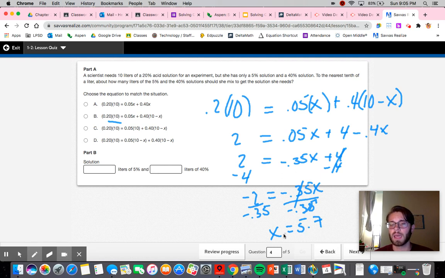So we would be putting in 5.7 liters of the 5% solution, and that would mean that the remaining 4.3 liters would be the 40% solution.